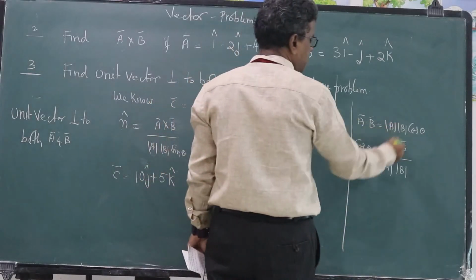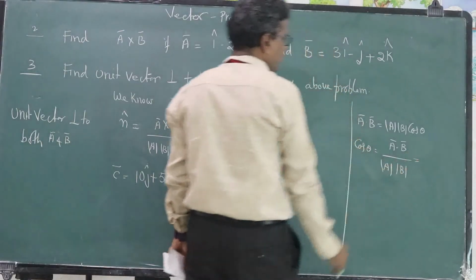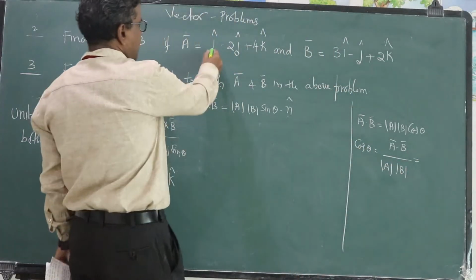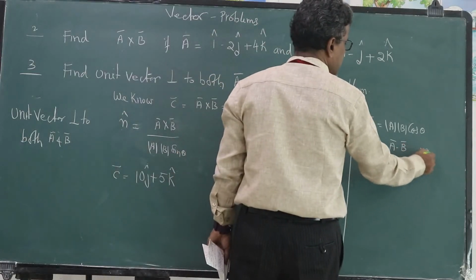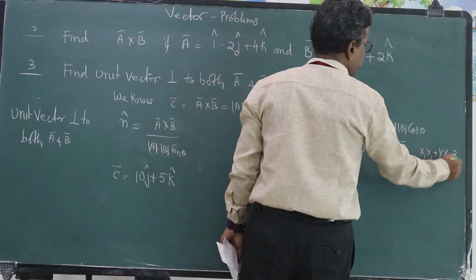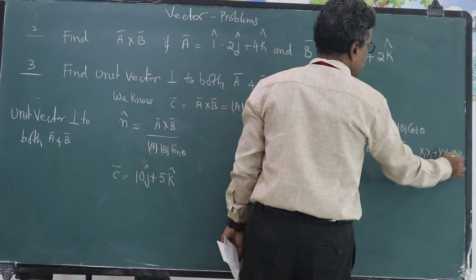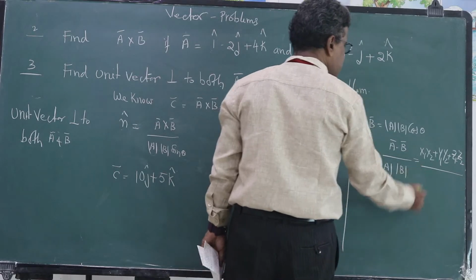A bar dot B bar is x1 x2 plus y1 y2 plus z1 z2. What is mod A?